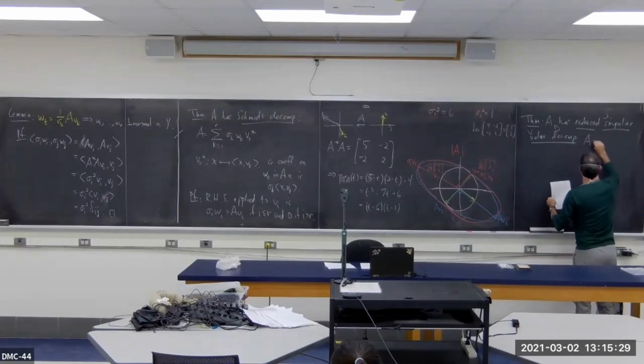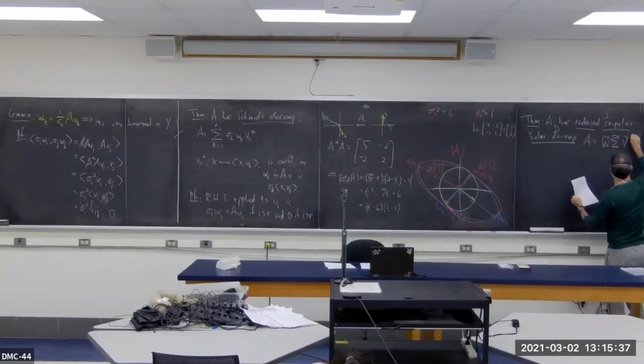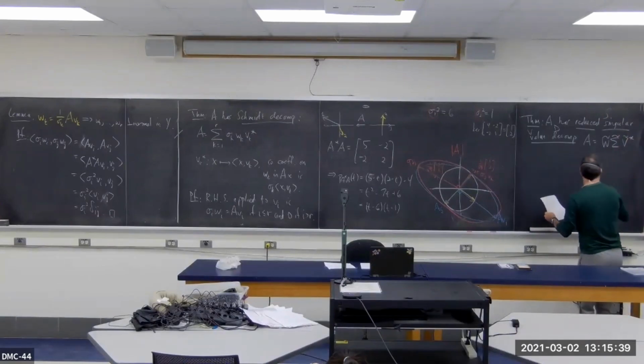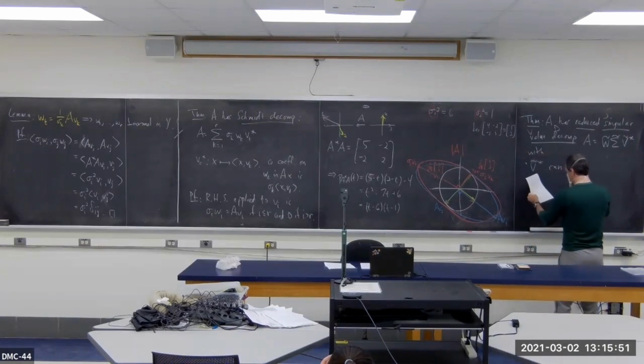A is going to be W tilde, sigma tilde, V tilde star, with these conditions. You want V tilde star to be an r by n matrix with orthonormal rows.